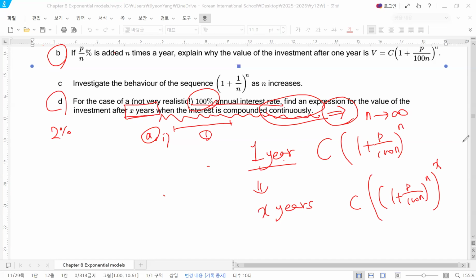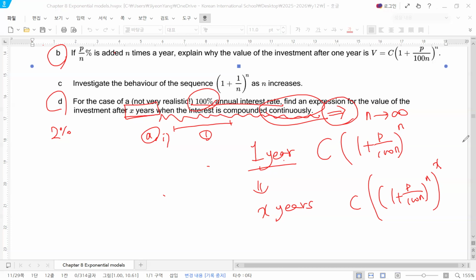Because during a year, if we divide 1 year into n times, the rate is P/n %, so the multiplier was 1 + P/100n. And then annually, it's compounded as (1 + P/100n)^n, right? It was the answer from B. But that is for 1 year.